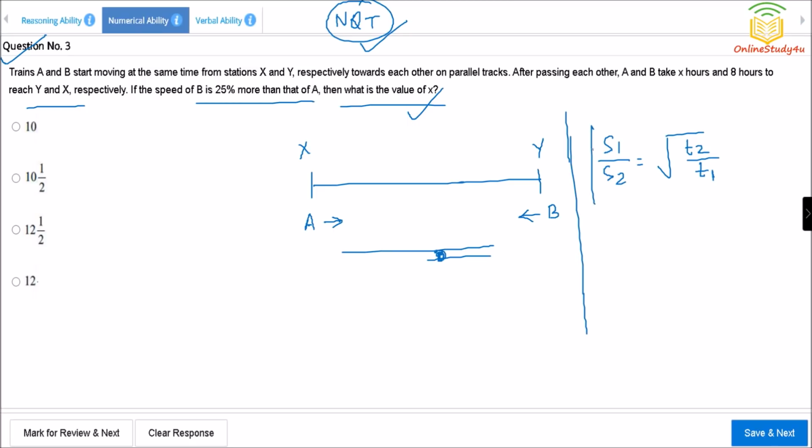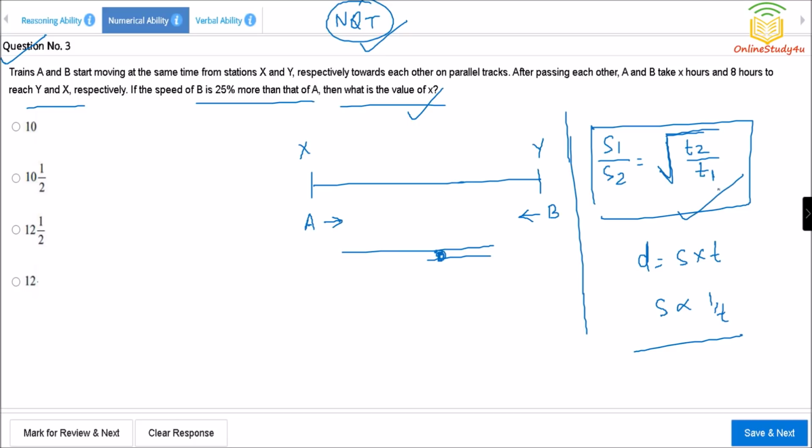Because friends, you know distance is equal to speed into time, so if your distance is constant, then speed will be inversely proportional to time. So s1 by s2 will be equal to t2 by t1 under a square root. So this is the formula which we are going to use.